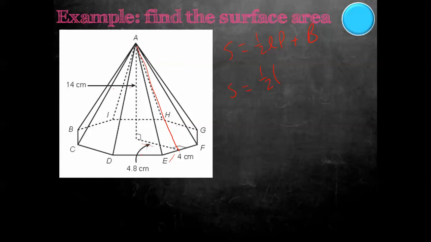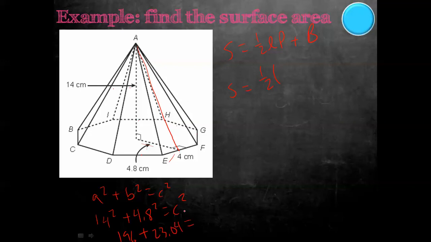So the slant height is going to be our c squared. So remember, Pythagorean theorem is a squared plus b squared equals c squared. So we have 14 squared plus 4.8 squared equals c squared. So 14 squared is 196, 4.8 squared is 23.04.